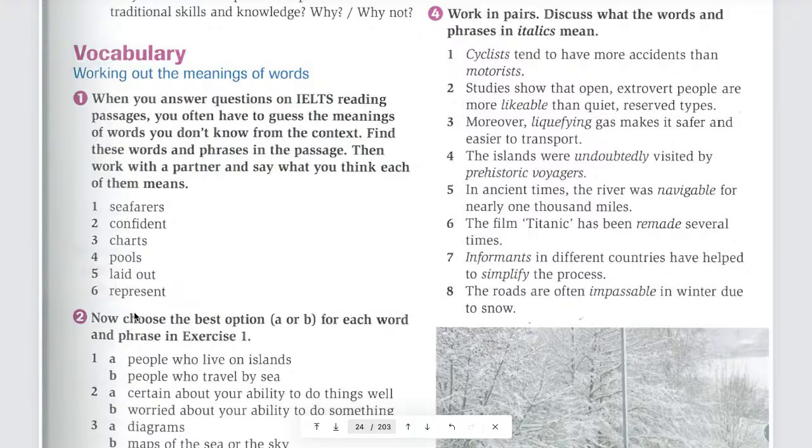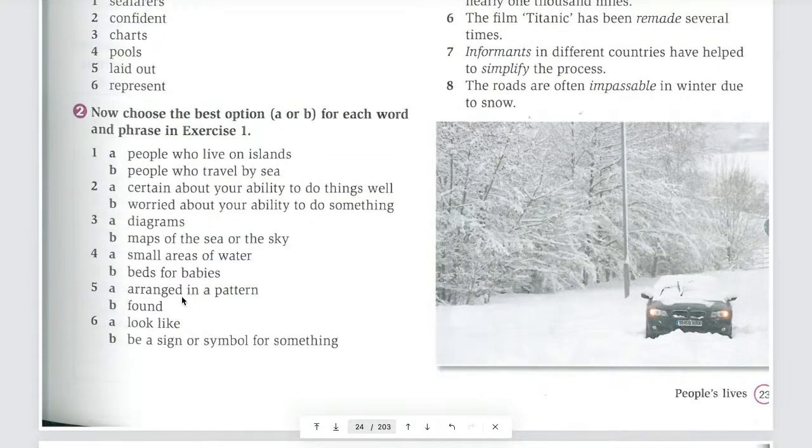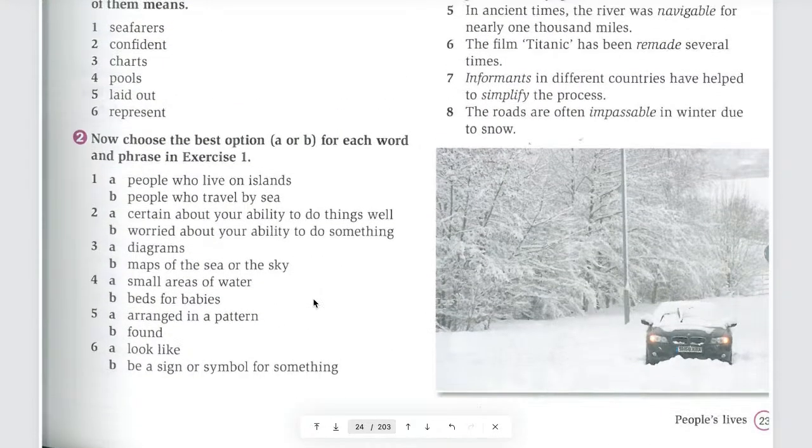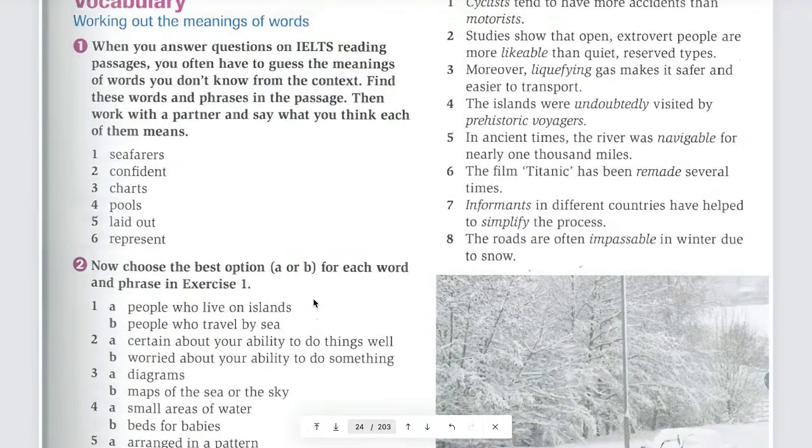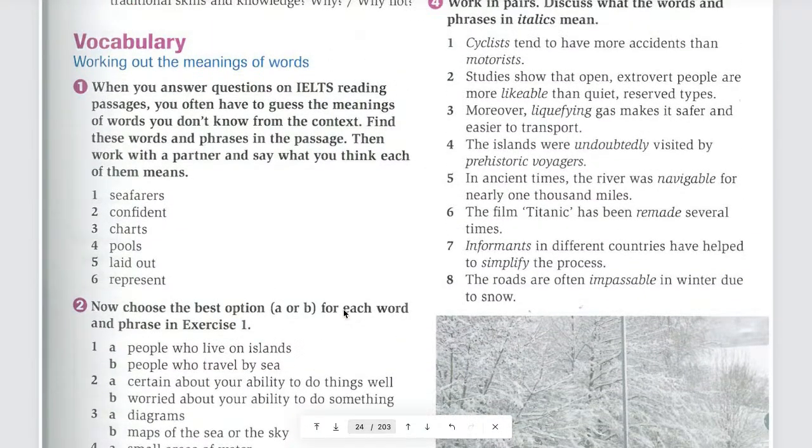Underline all of these words in the passage and make sure you understand them all. Do it, guys. You can discuss with your friends. Look for all of these 6 words and underline them all.